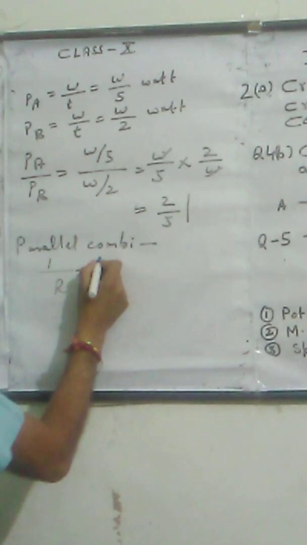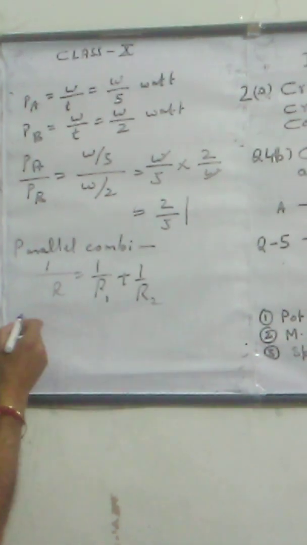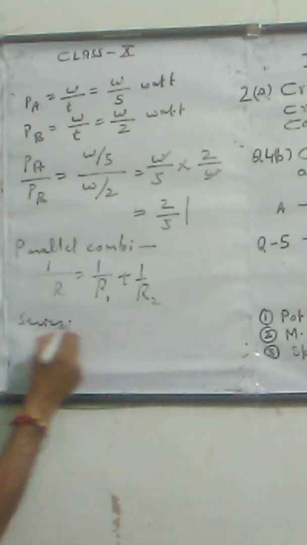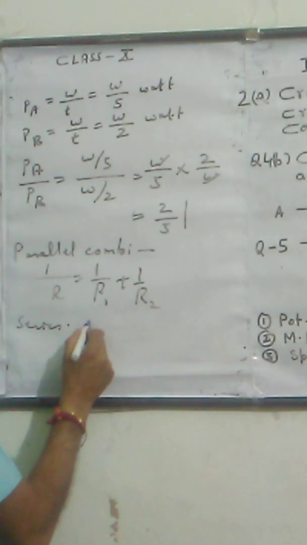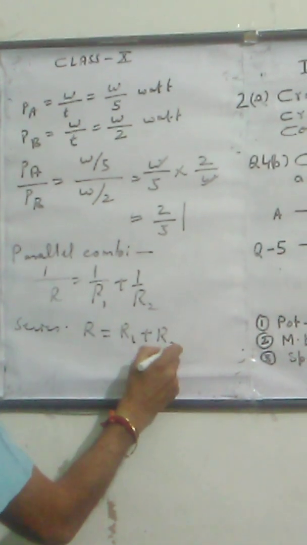Then 1 upon R equals 1 upon R1 plus 1 upon R2. And in the series combination, we simply have to add them together, take a sum of the resistances.